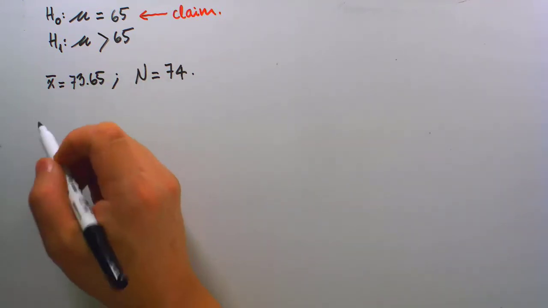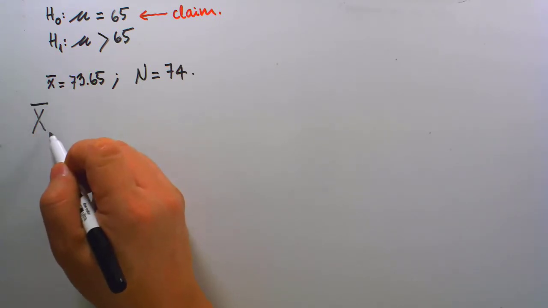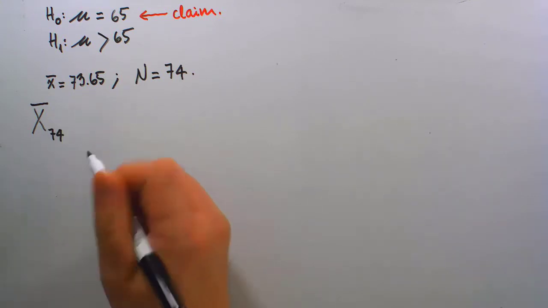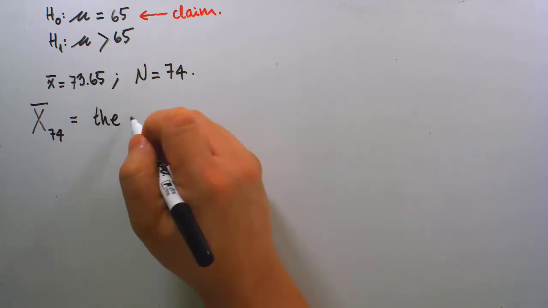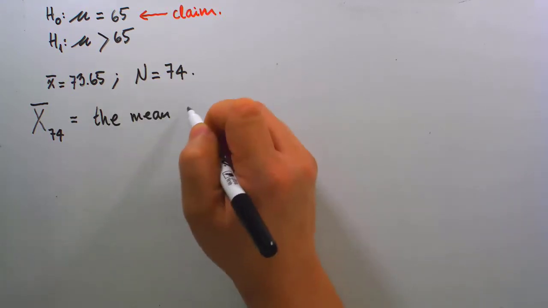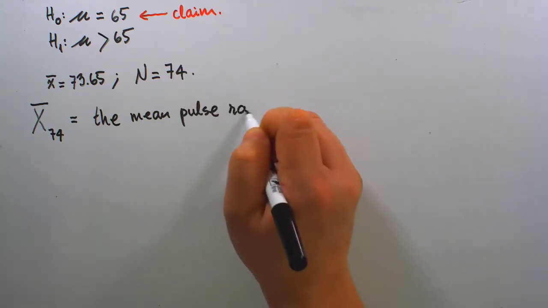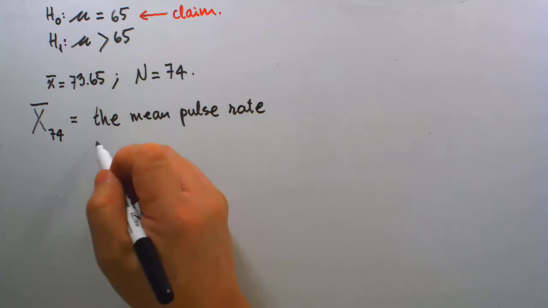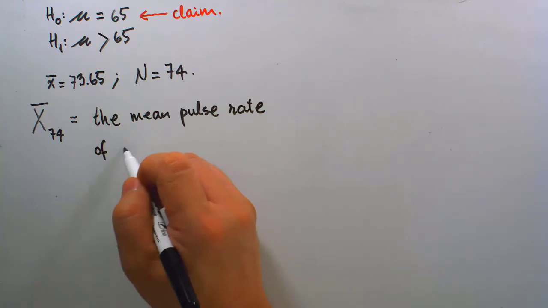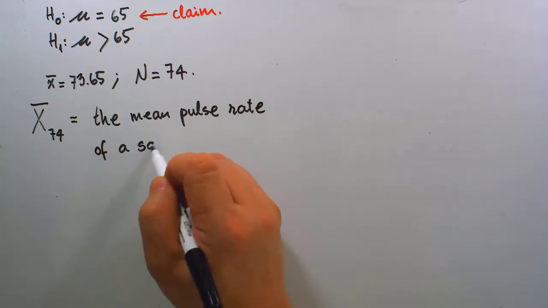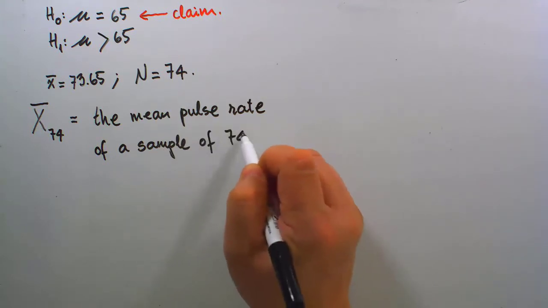And so that means that we can assign a random variable capital X bar with a subscript 74 to represent the mean pulse rate of a sample of 74 people.